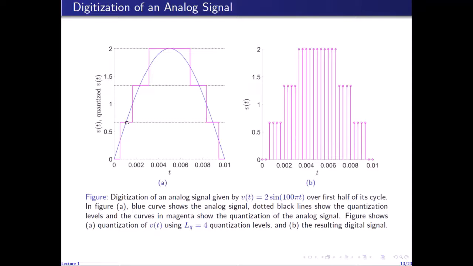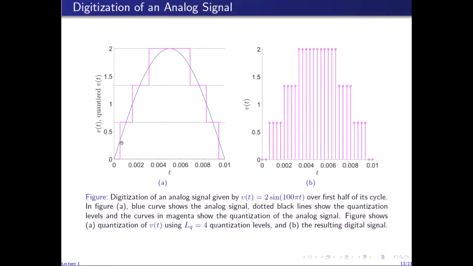All those values which lie within the upper half of this quantization step are mapped to this level. Similarly, considering this quantization step, all those values on the analog curve which lie within the lower half are mapped to this level. And all those values which lie in the upper half of this quantization bin, or quantization step, are mapped to this level.